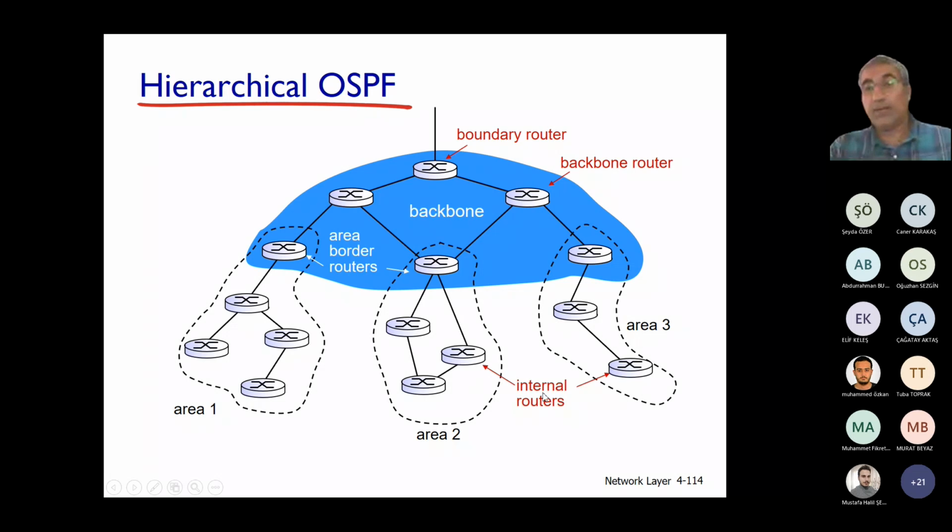In the local area, we have the internal routers you see. And then at the root of each local area, we have area border routers that are connected to backbone routers. And all these backbone routers are connected to the boundary router that talks to the outside of this network.